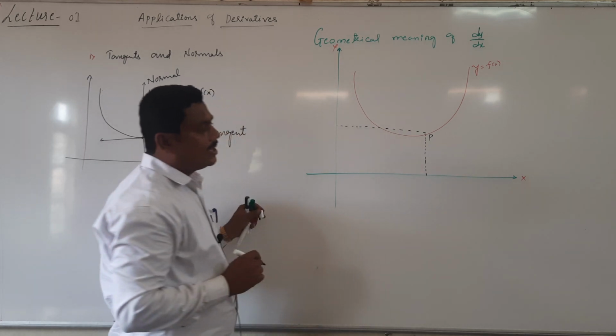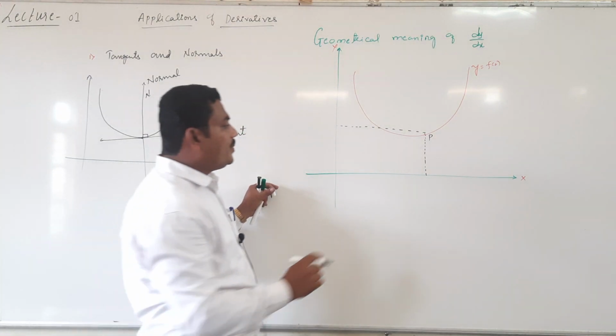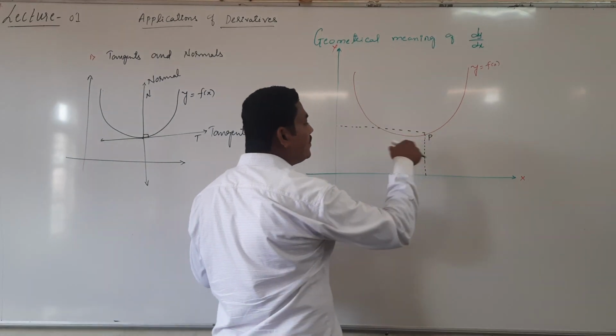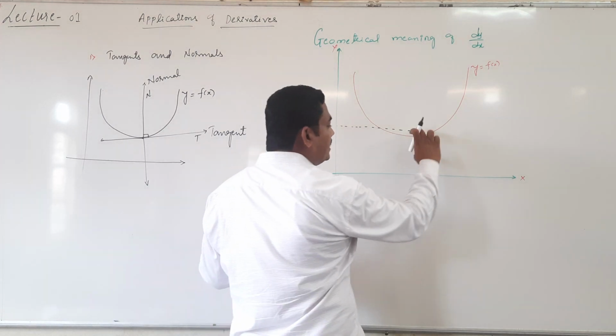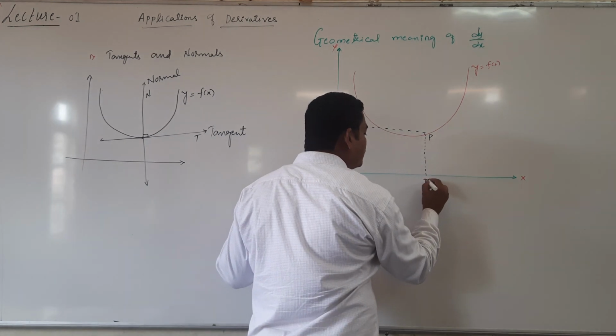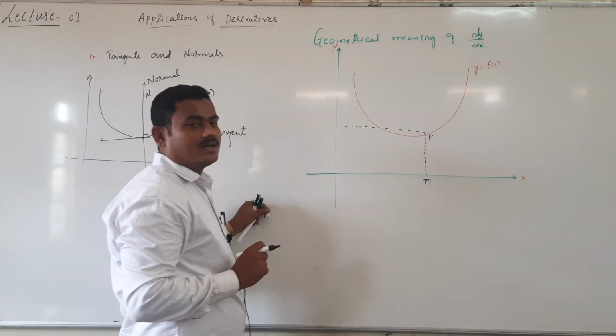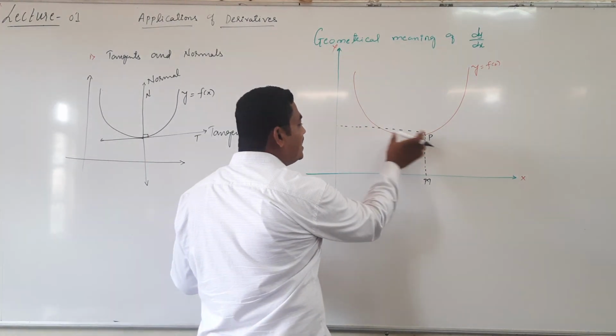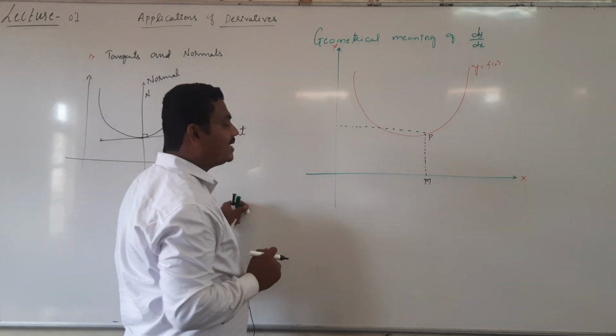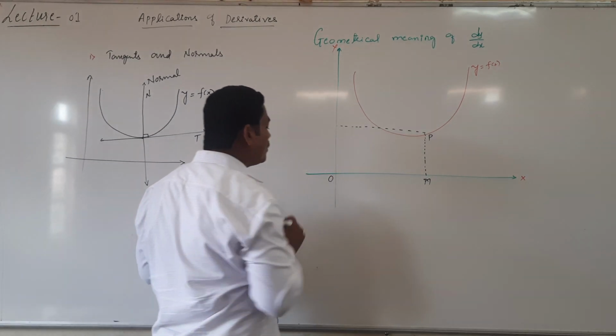The vertical distance is nothing but the y coordinate of the point, and the horizontal distance is nothing but the x coordinate of the point, and this is our origin.